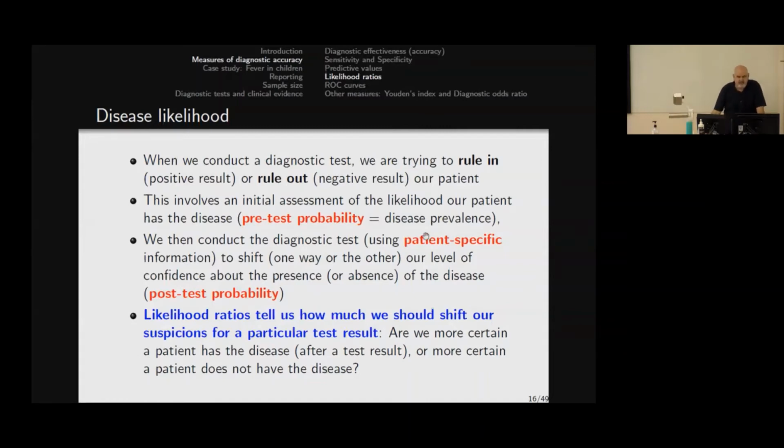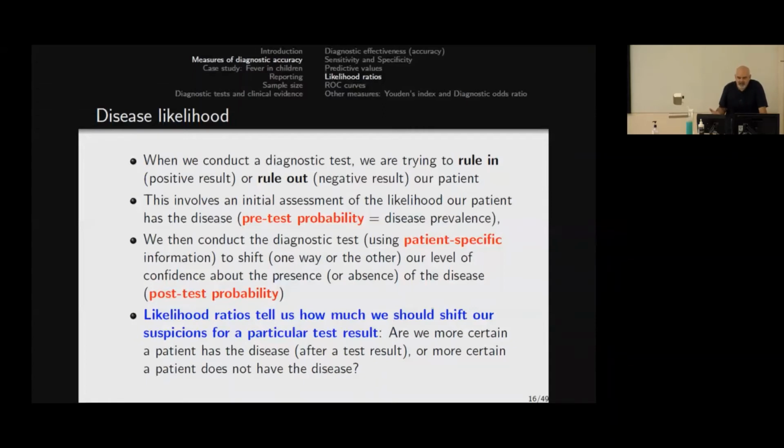Okay, so the pre-test probability that you have the disease is just disease prevalence, 9%. When we conduct a diagnostic test using patient-specific information, can we shift this probability one way or another, to get a post-test probability that changes from 9%?